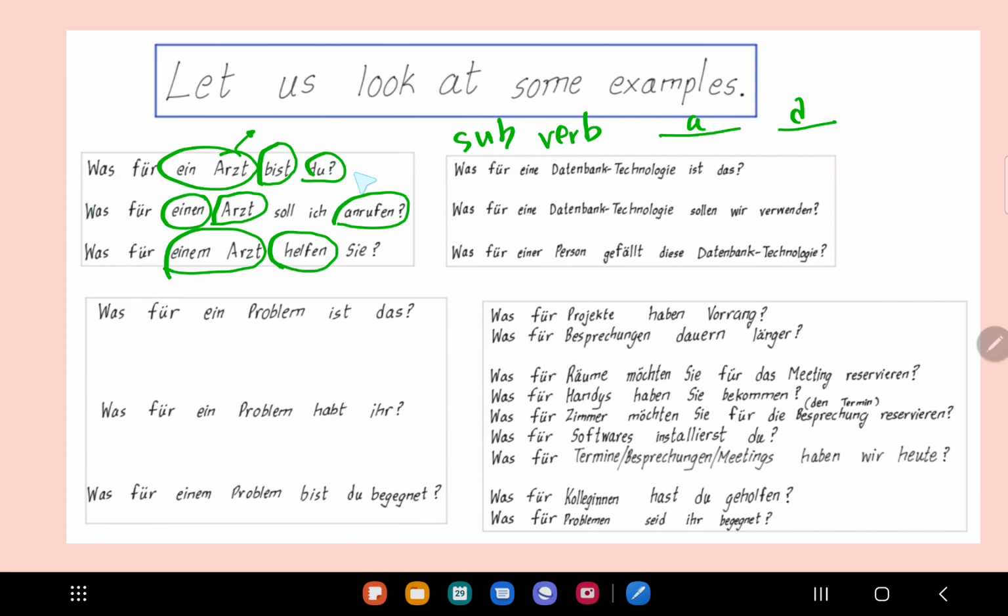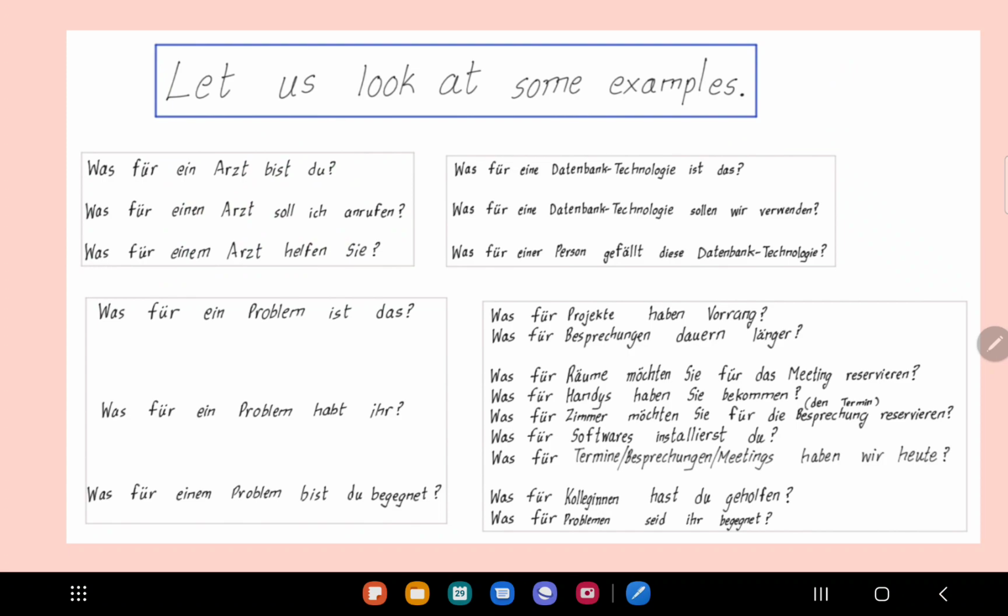If you try to literally translate this into English, it will sound like, what for doctor are you? Yes, you can say that, but what the person saying this sentence is actually trying to say is, what kind of a doctor are you?